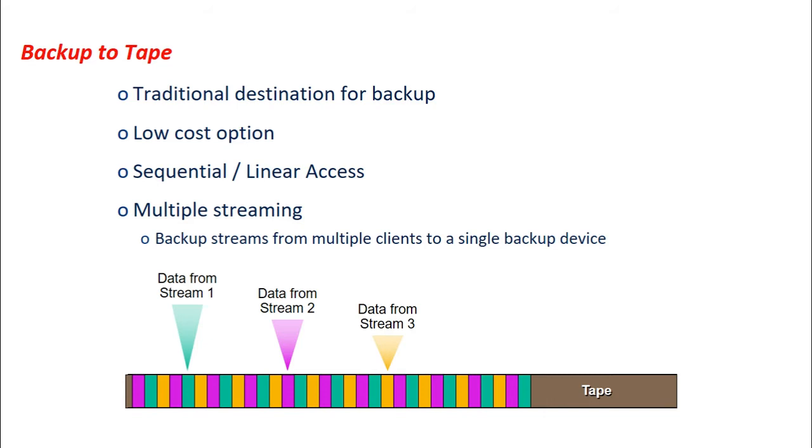The data that was written initially will be at the initial part of the tape. So if you want to access the data, we need to rewind the tape linearly to access that particular data.